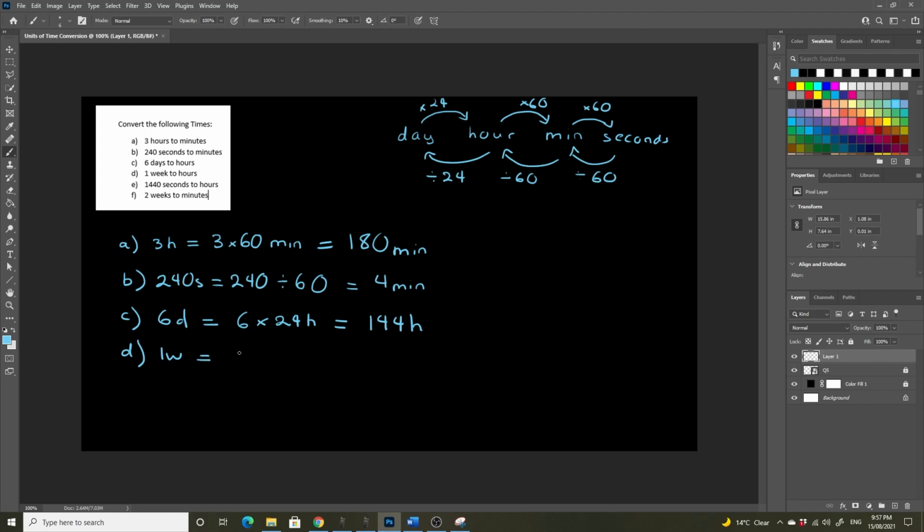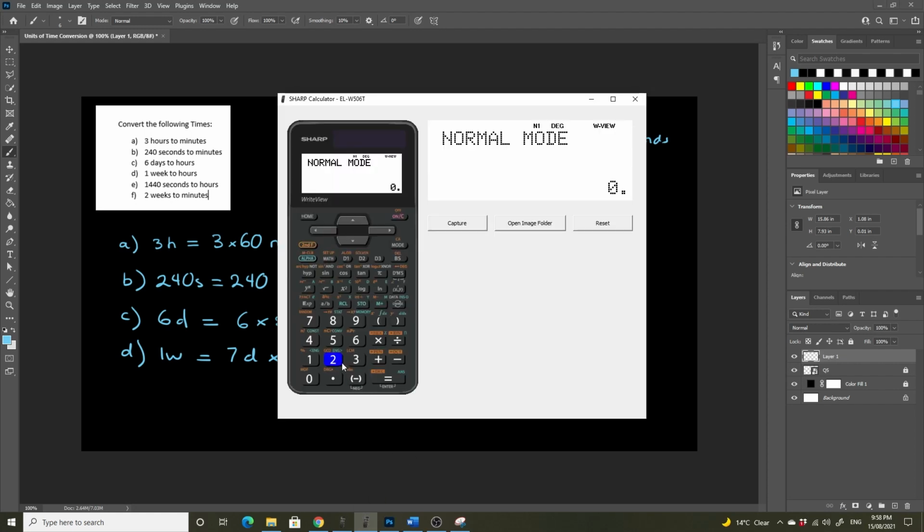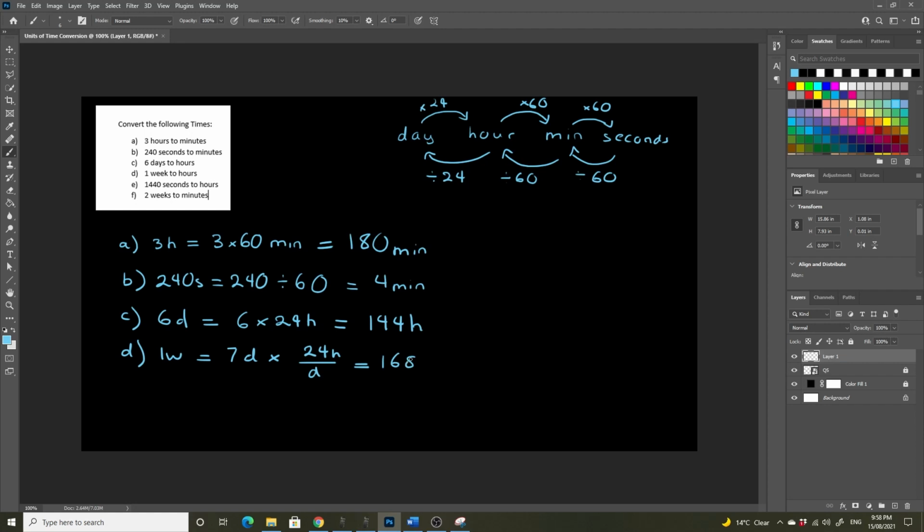Well, 1 week is 7 days, so that equals, immediately we multiply it by 7, so 7 days multiplied by 24 hours per day, which is equal to, we'll just pull up our calculator for that one. 24 times 7. 168 hours.